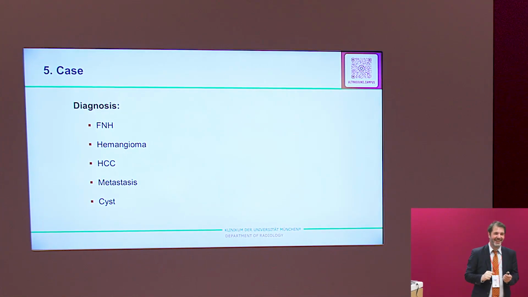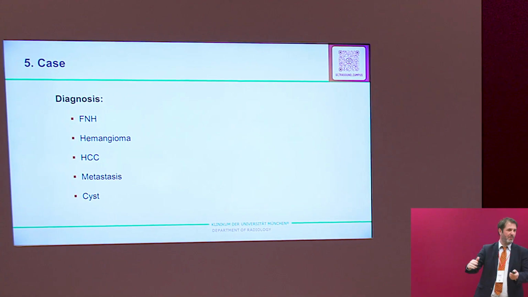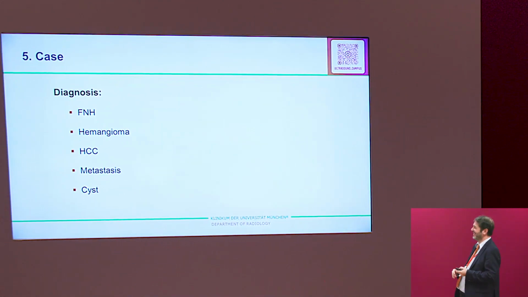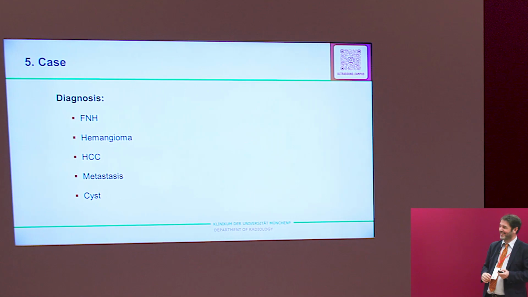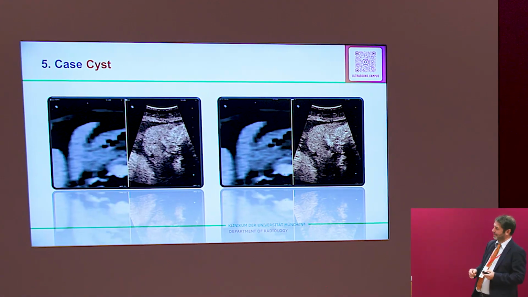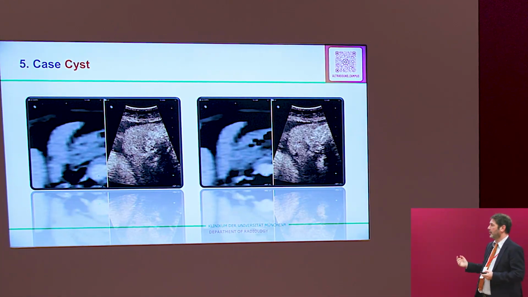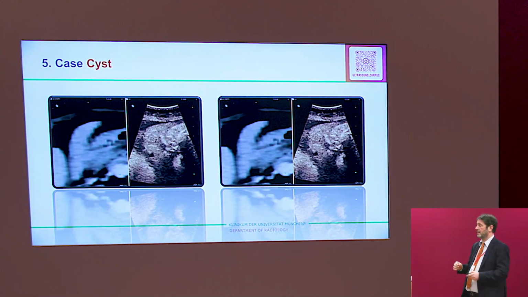Yeah, you got it. So maybe you could change your study to biomedicine. Okay. We got the cyst, and the reason why it's a cyst is because over the whole examination time you see no uptake inside the cystic lesion.